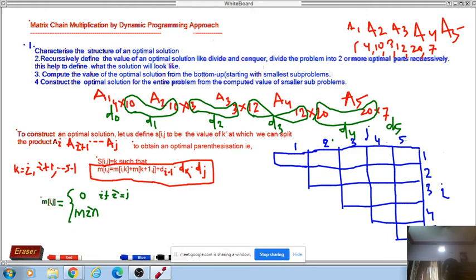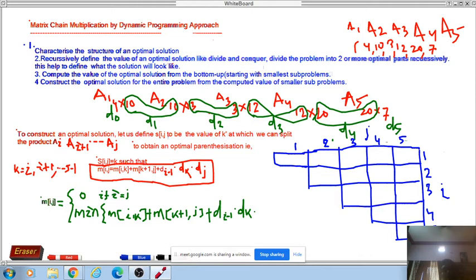That is the minimum of m of ik plus m of k plus 1 comma j, then bracket close, plus d of i minus 1 into dk into dj.